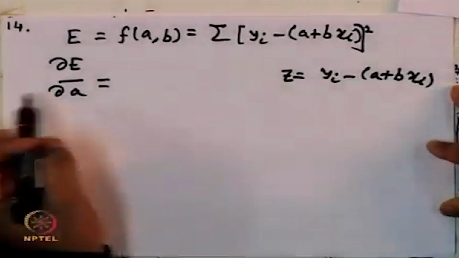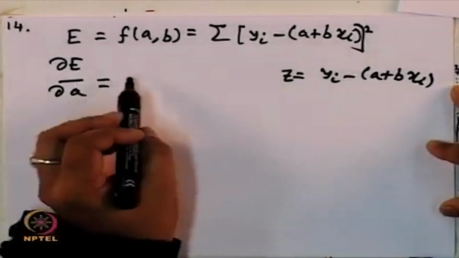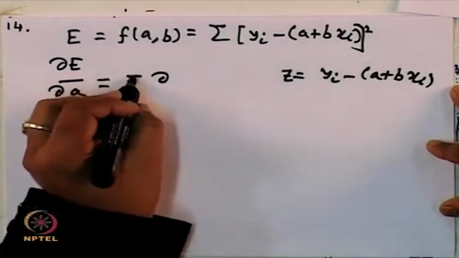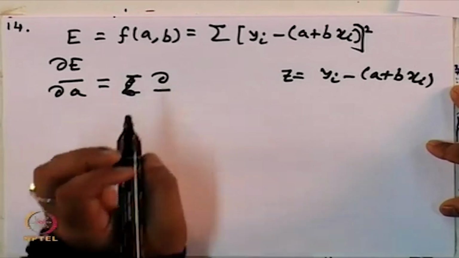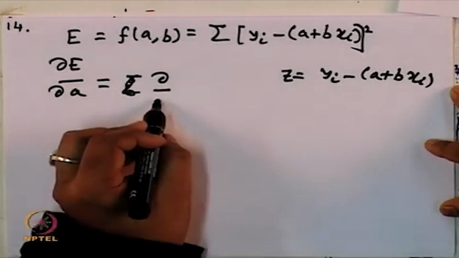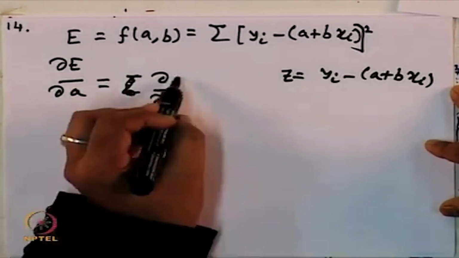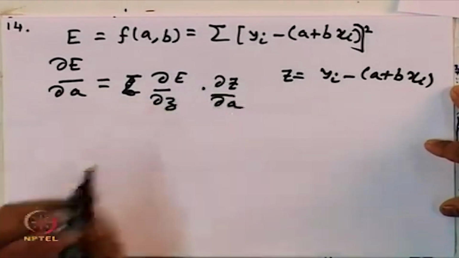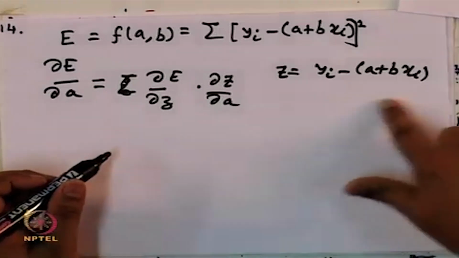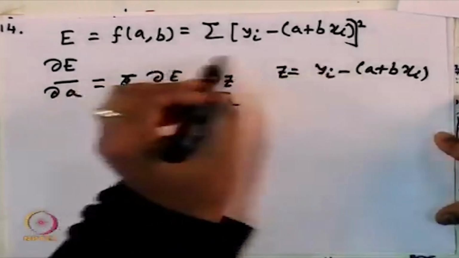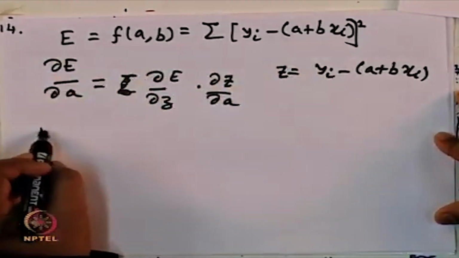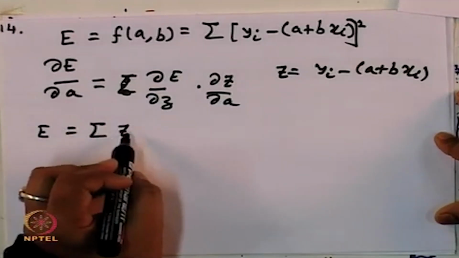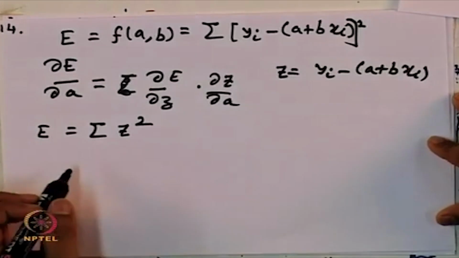Okay. So, I can write this as a summation. If I do this particular z, then I can take the derivative. So, my error is of the form summation of zi square, z square.